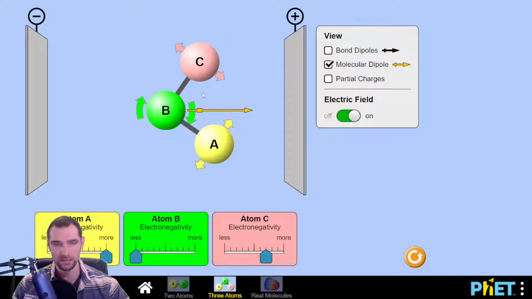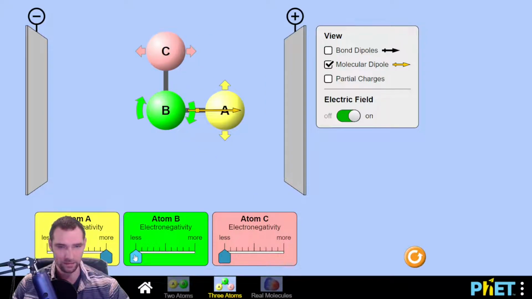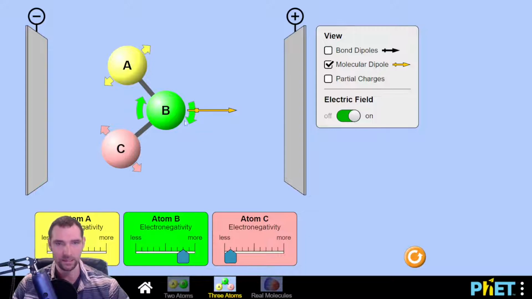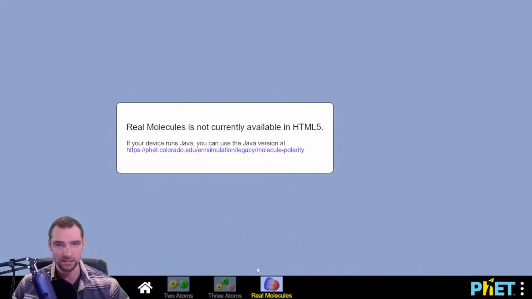And so in this case, this is kind of like water, where we've got two hydrogens and the oxygen. I think in that case it would be something kind of like this, because the oxygen is the negative charge. So it'd be feeling attraction to the positive side, right? So that's the idea.